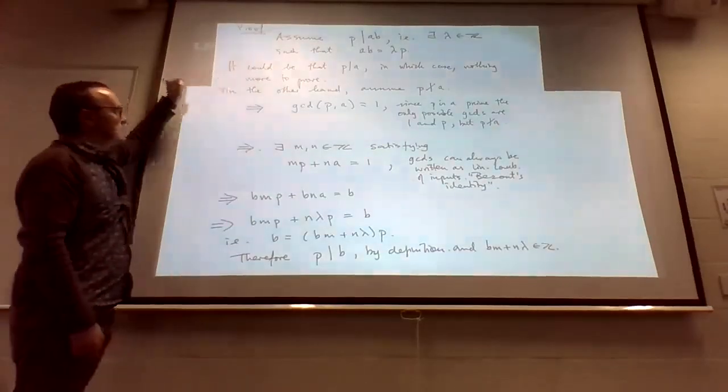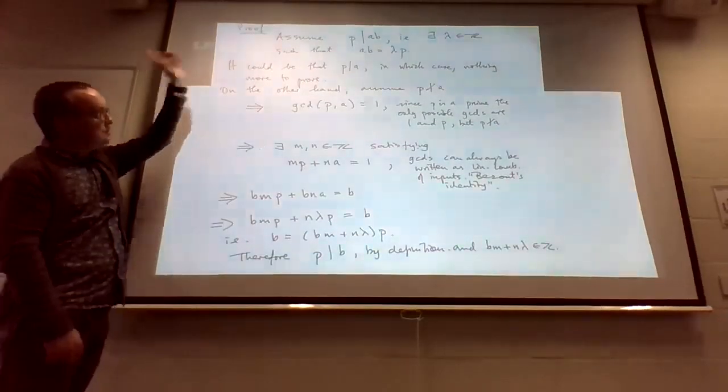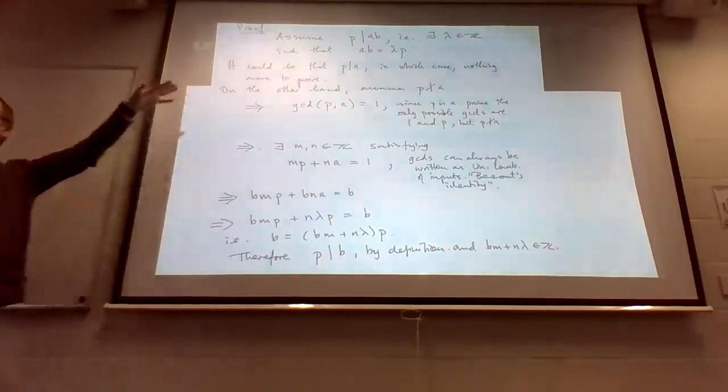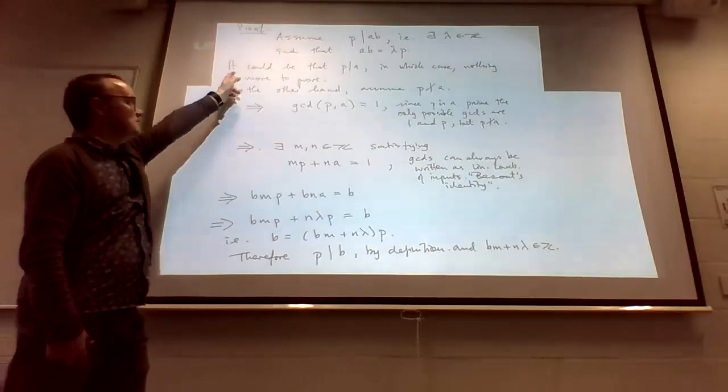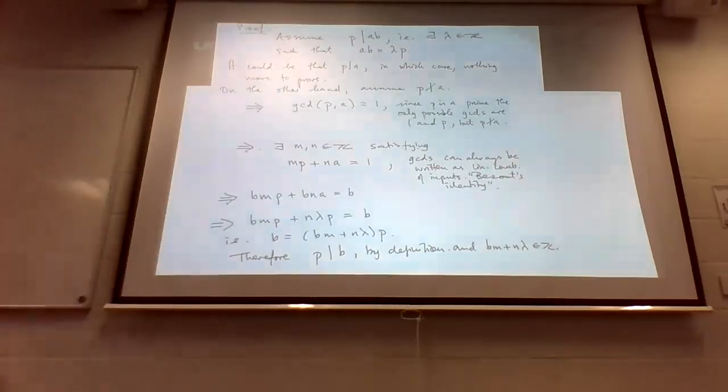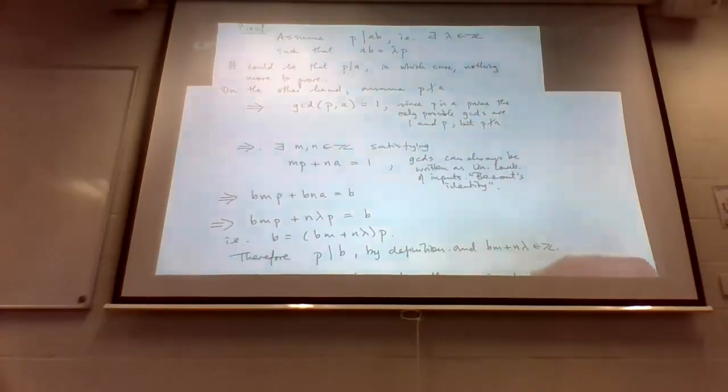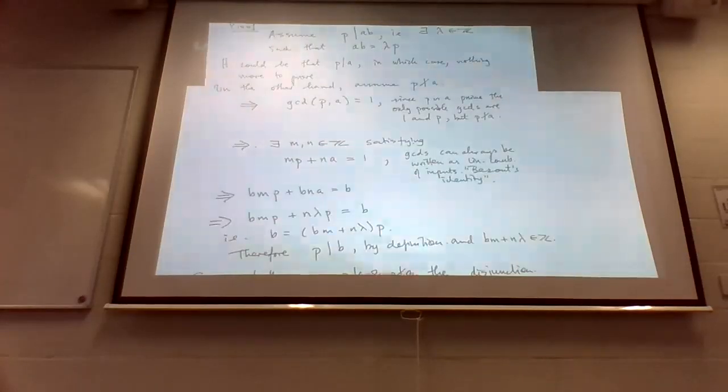In both cases, the conclusion statement is true: P divides A or P divides B. In the first case, because P divides A, and in the second case, because P divides B. So in both cases the disjunction, if you want to show off, P divides A or P divides B, is true.